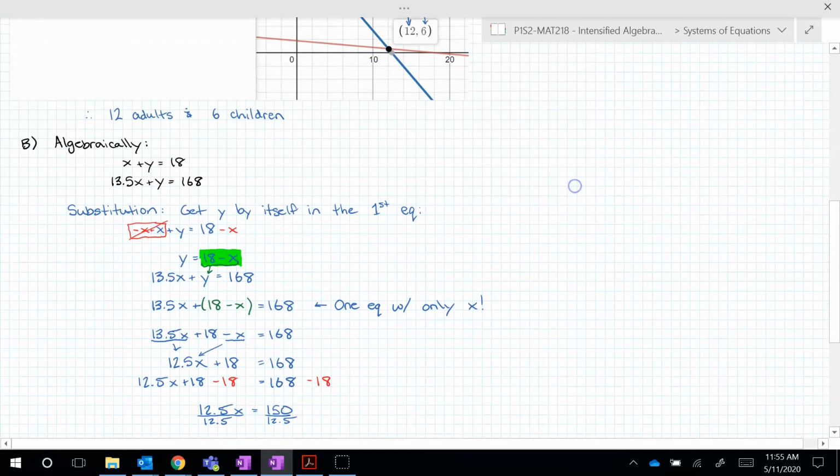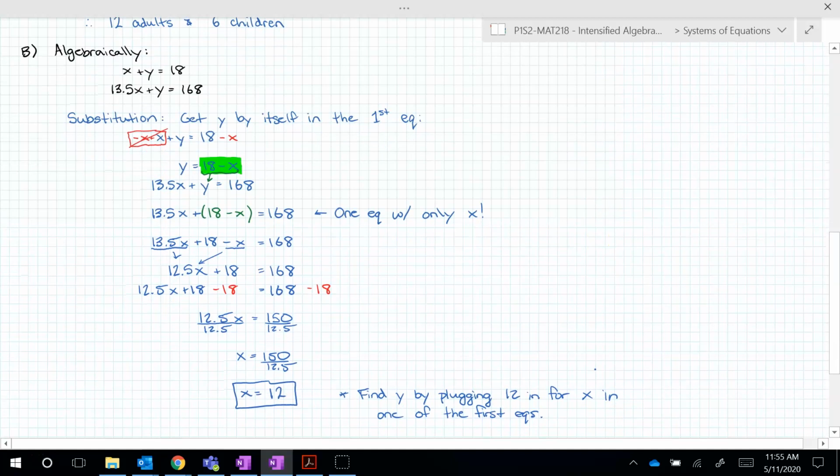Then we looked at the substitution method algebraically, saying if I get y by itself or x by itself, I can put in the expression on the other side that's equivalent to y in for y in the second equation. And we solved that way. We're going to look at another way to solve this.